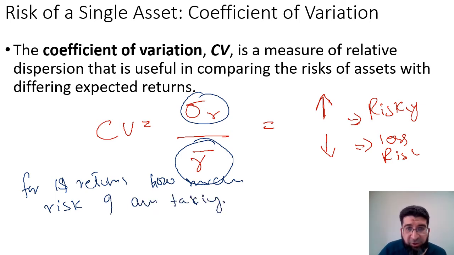So it's kind of a measure that tells us the riskiness of the investments given the return. There are two variables involved, hence a better measure for comparing risk and returns of different assets.